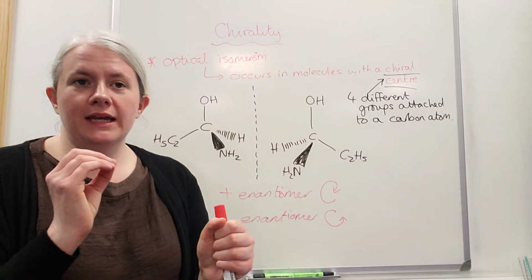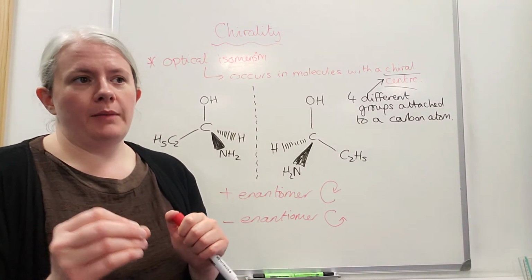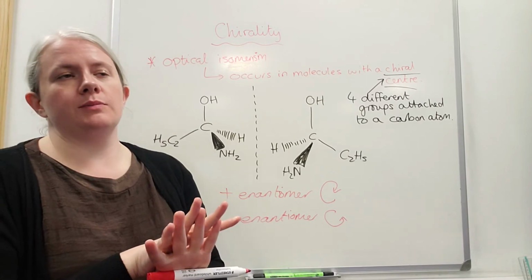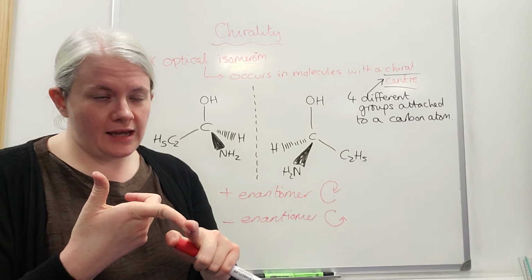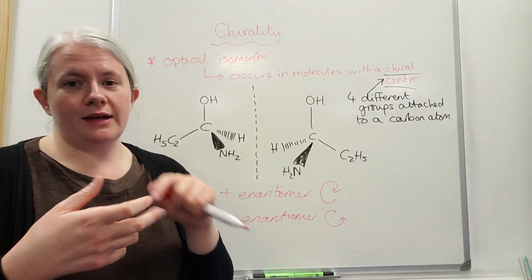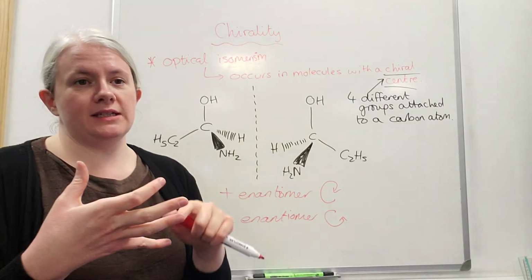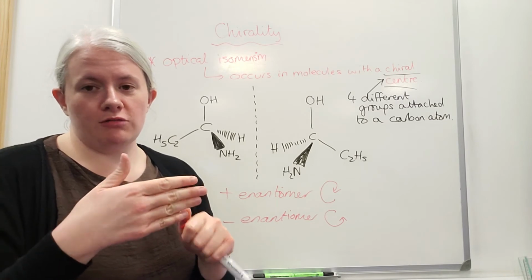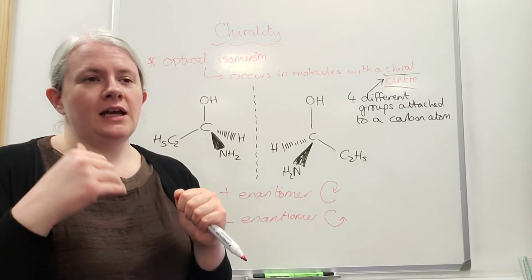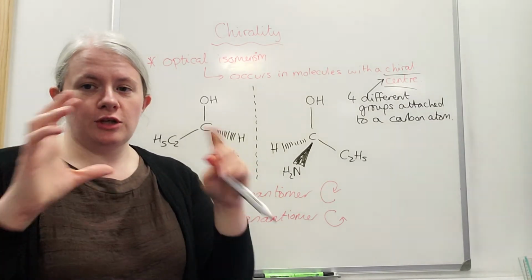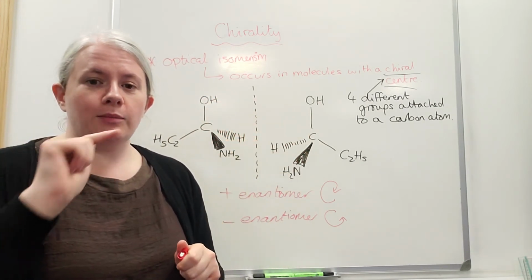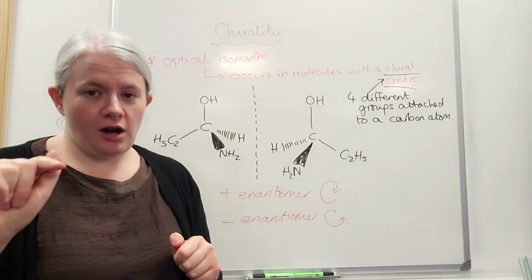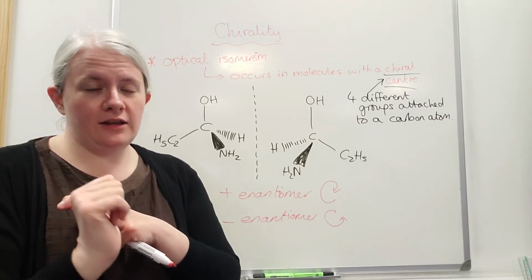As well as being able to draw them and know that they're non-superimposable, and know about the fact that they react the same, but they interact differently with biological substances, and they rotate the plane of polarized light differently, the other thing you need to be able to do is within an organic molecule, spot which are the chiral centers, so how many there are.